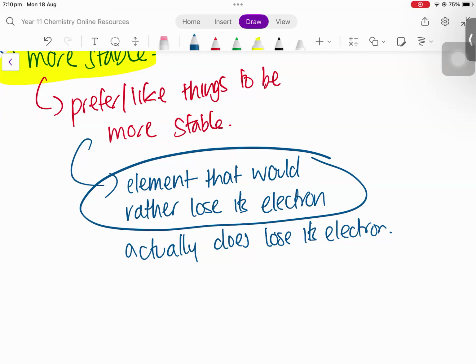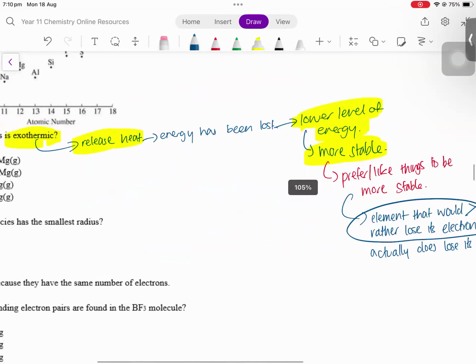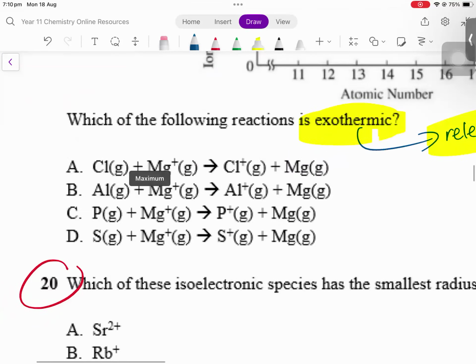The one that would rather lose its electrons. Okay, the lower FIE. All right, cool. Now, let's go back and have a look then at these four options.